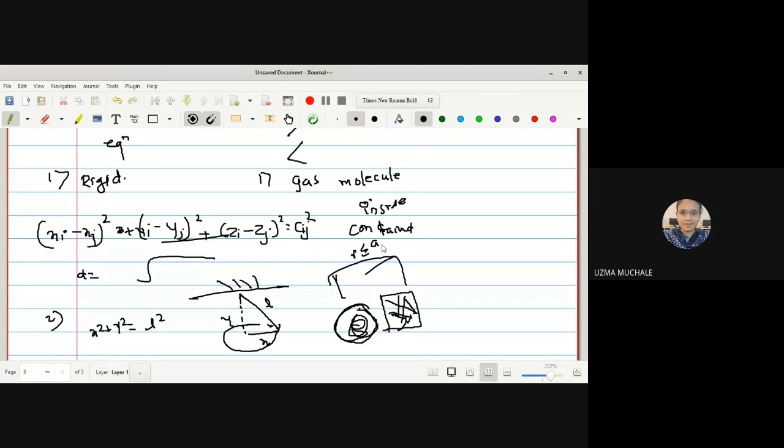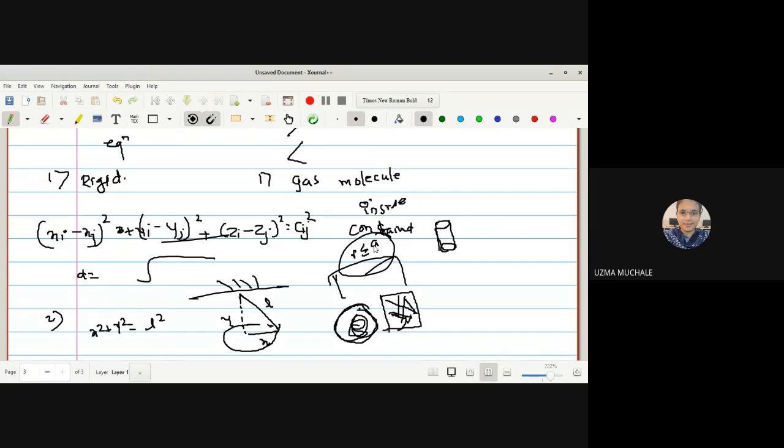That is, in the case of the motion of a gas molecule inside a container, suppose we have considered a container with a fixed radius. If we consider a cylinder, the radius is fixed for the cylinder. So if we take the radius of the circle as a, then we can say the constraint is given by r less than or equal to a. What is r? r is the position vector of the gas molecule moving inside the container, and that is less than or equal to a, because the restriction is that they can travel only in that area.